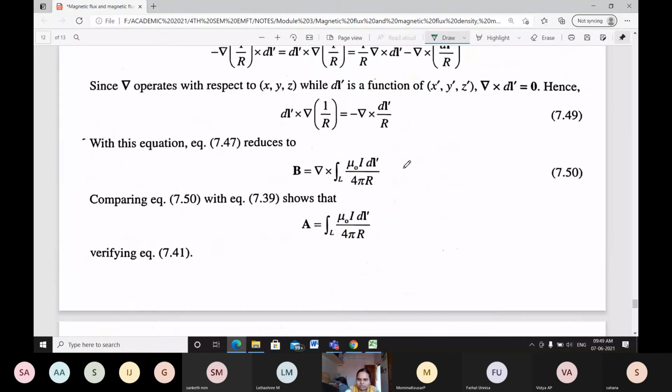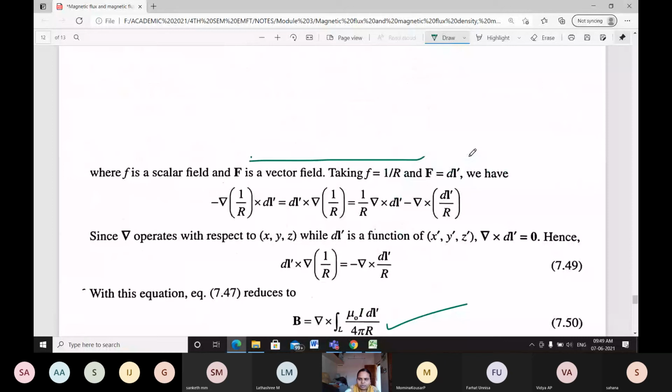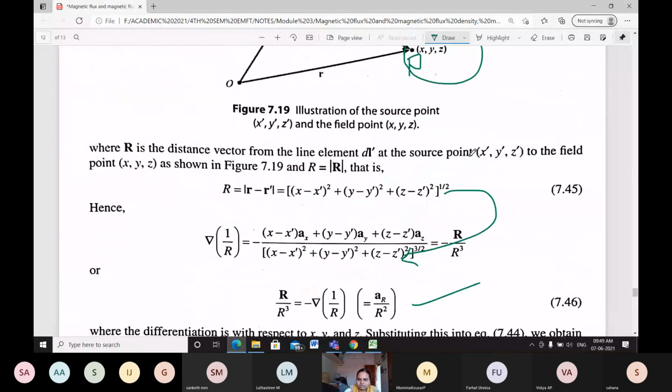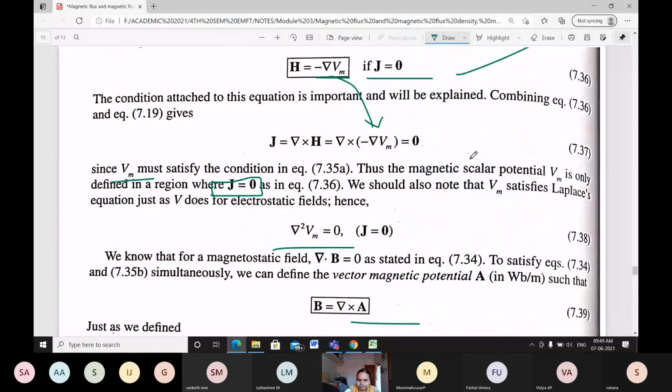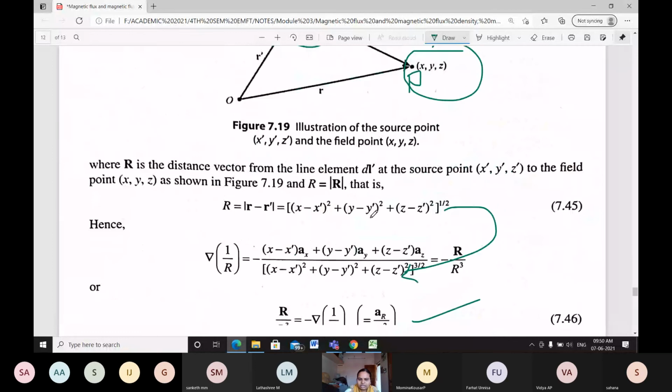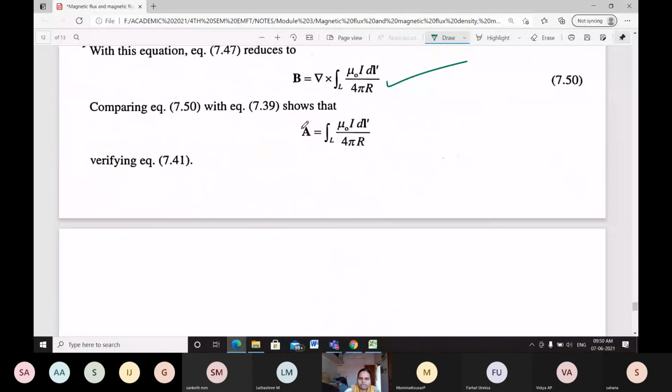Then comparing equation 7.50 and 7.39, I can write A as line integration L of mu naught I dl dash divided by 4 pi r only.